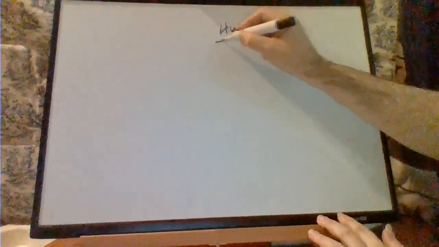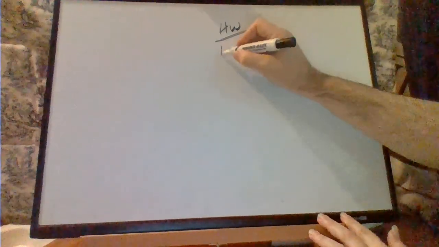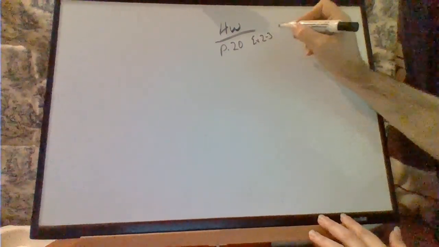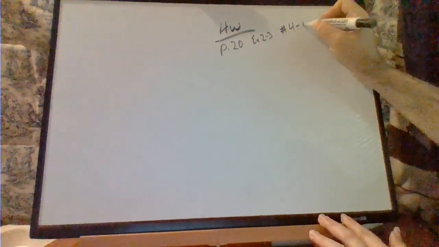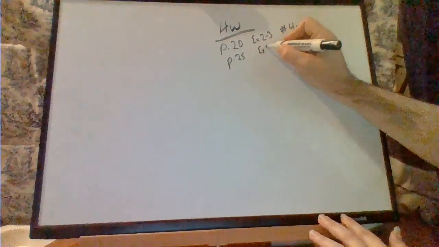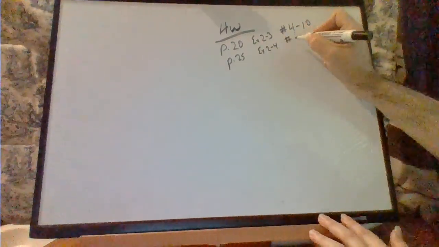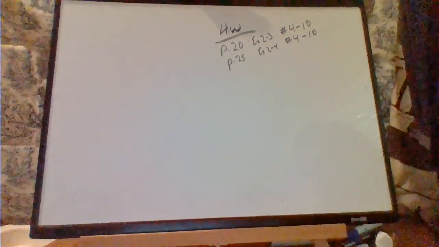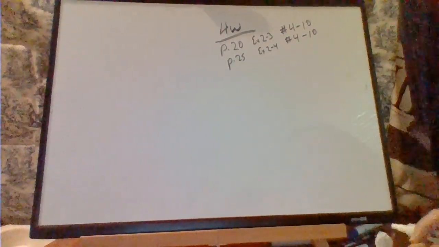So as far as the homework then, we have on page 20, I already gave you this one. This was exercise 2-3. You were doing numbers 4 through 10. And here on page 25, exercise 2-4, again, I'll give you 4 through 10. I'll give you a little bit of practice with regards to those as well.